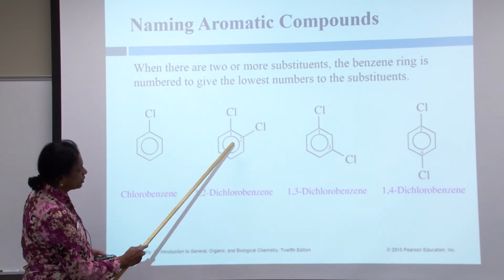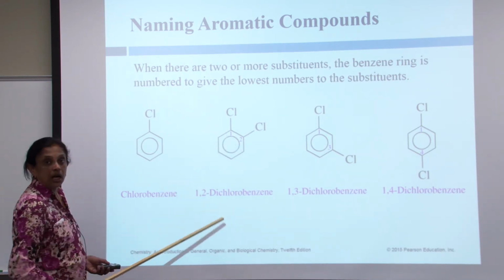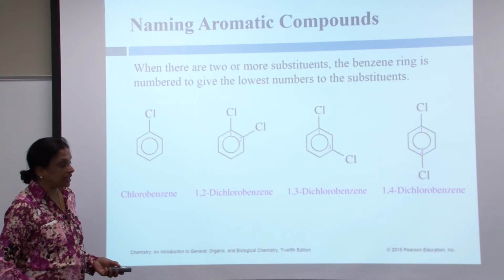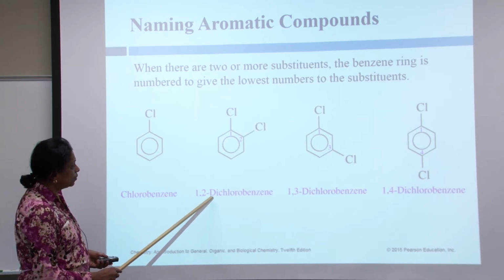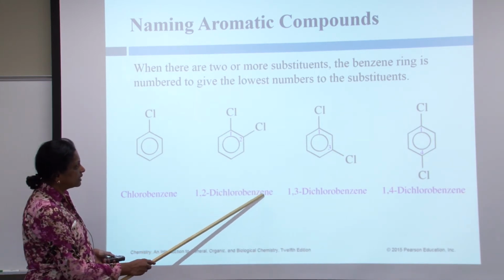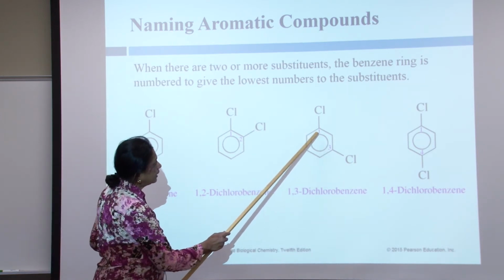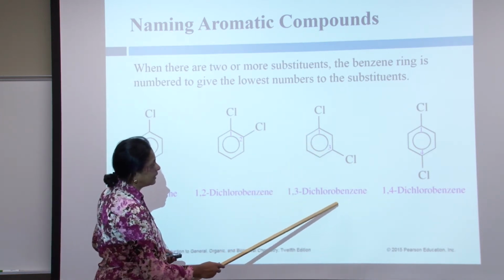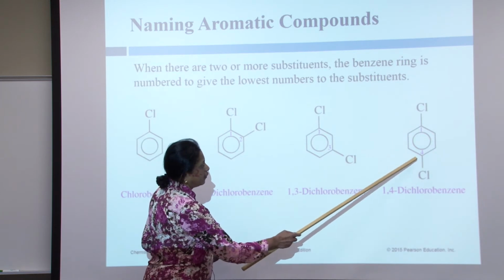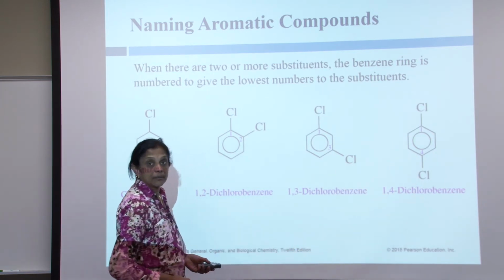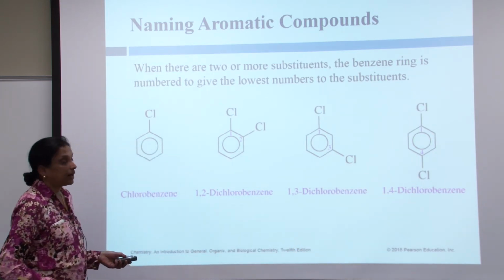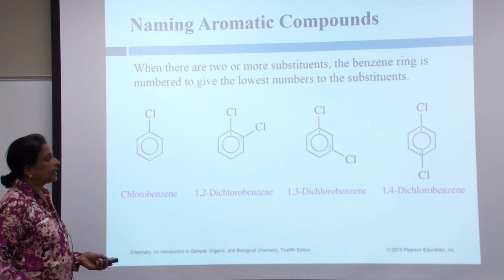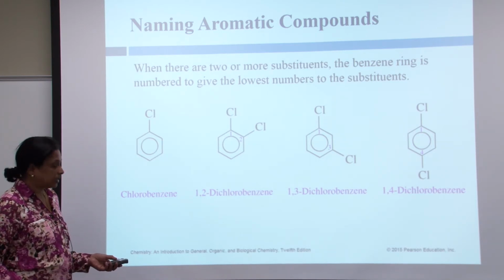With 2 substituents, 1,2 are the lowest possible numbers we can assign: 1,2-dichlorobenzene, 1,3-dichlorobenzene, 1,4-dichlorobenzene. So we number when we have more than one, giving the lowest numbers to the substituents.